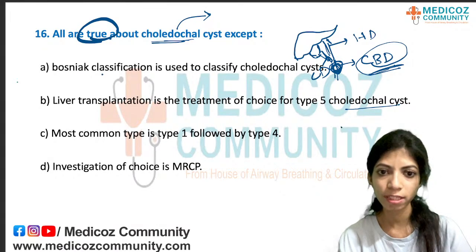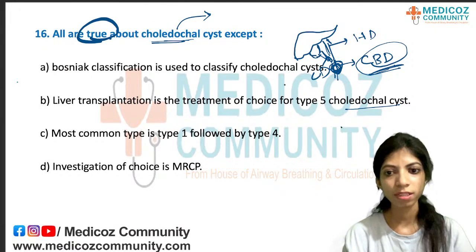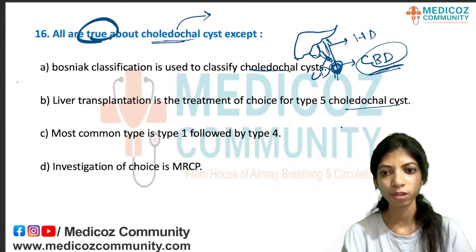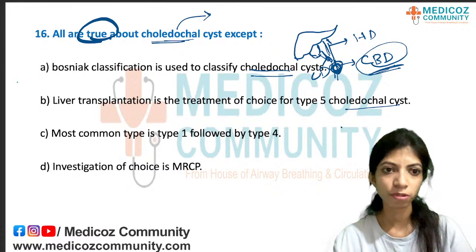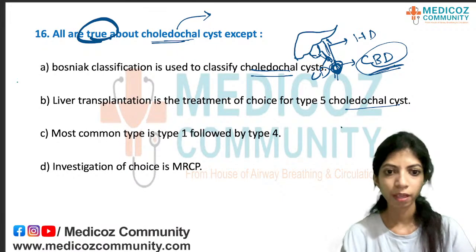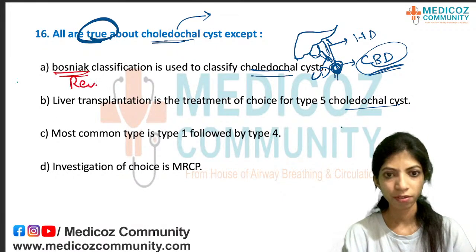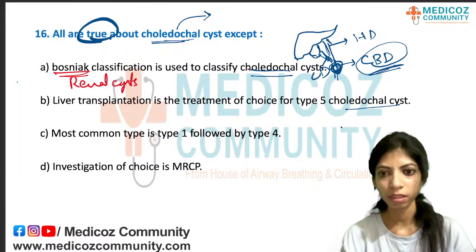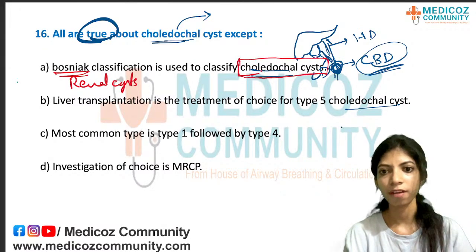Option A, Bosniak classification is used to classify choledochal cysts. What is the classification we use for the choledochal cysts? It is not the Bosniak classification. Bosniak classification is for what? Bosniak is for renal cysts. But for choledochal cysts, we have Todani classification.